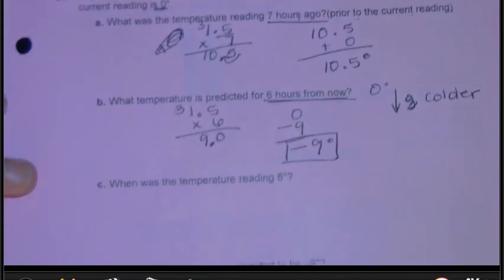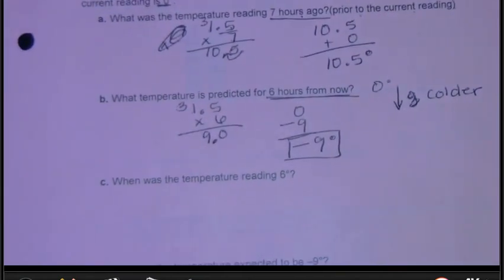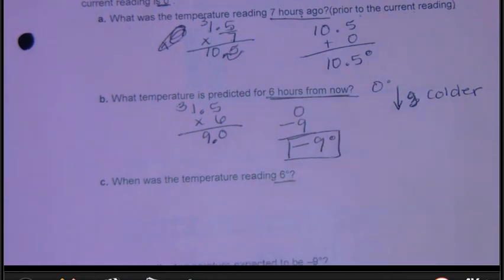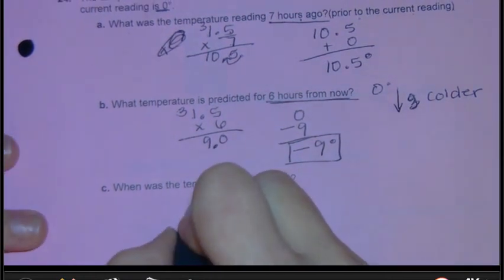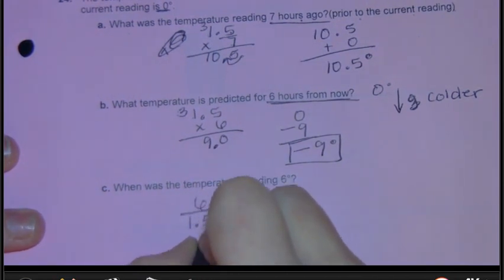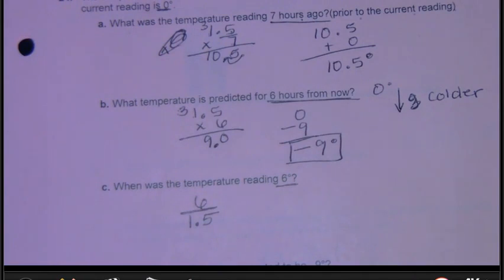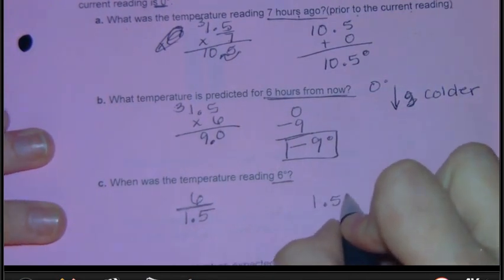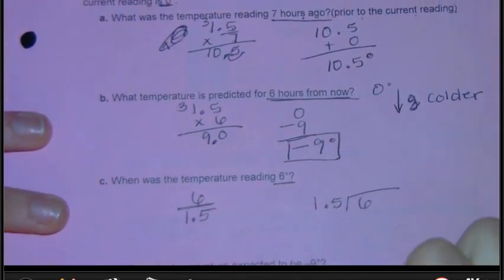All right. When was the temperature reading at 6 hours? So I need to take my 6 and I'm going to divide it by how much I'm changing. Because I know that it's 1.5 for every hour, so I need to do 6 divided by my change. Well, I'm going to have 1.5 on the outside, 6 on the inside.